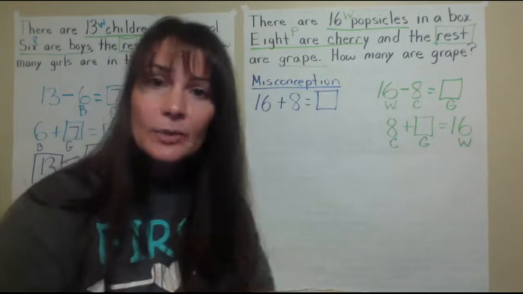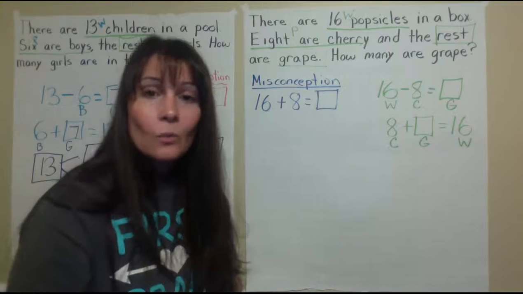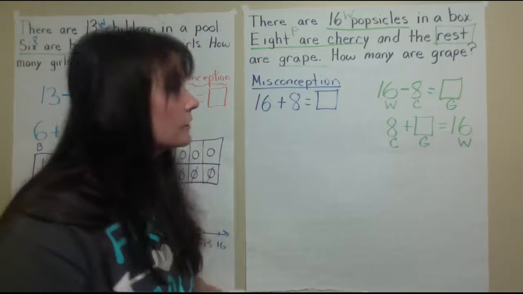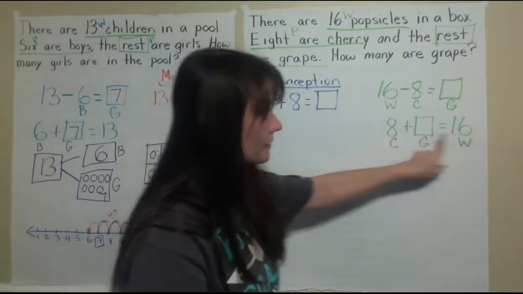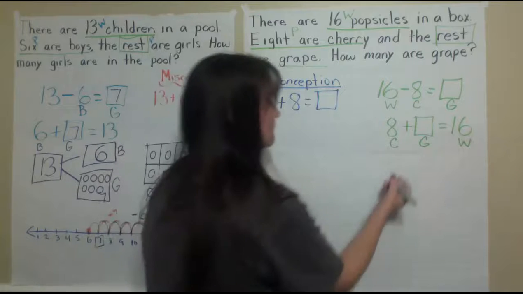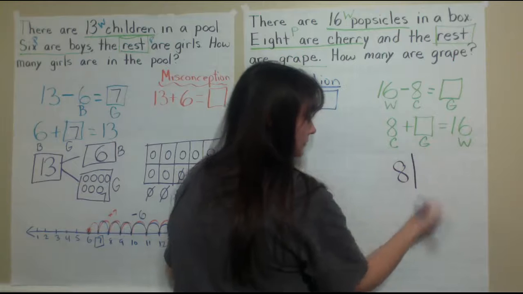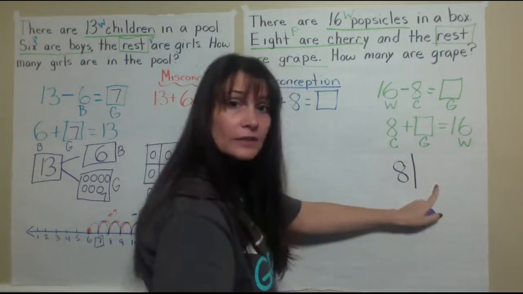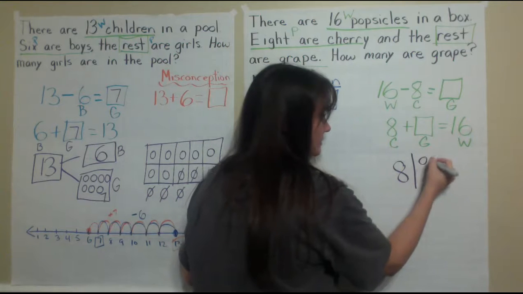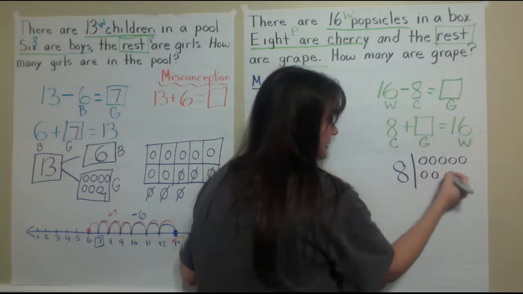Now, let's think about some of the models that you used. One model that I saw someone use was their counting on strategy. They used 8 plus something equals 16. So let's look at that strategy. They had their 8, they drew their line, and then they counted on until they had 16. 8, 9, 10, 11, 12, 13, 14, 15, 16.